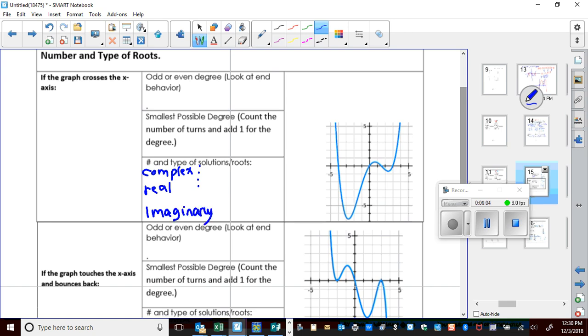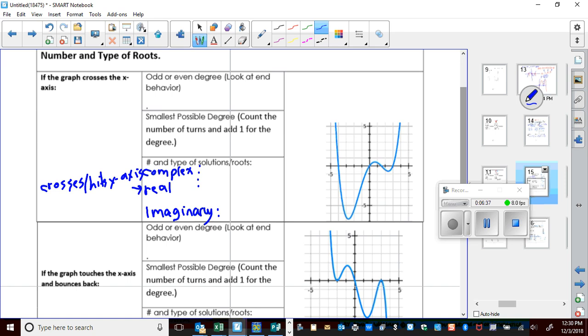So the imaginary roots occur when it doesn't cross the x-axis the appropriate number of times. So the complex occurs for the degree of the polynomial. It's going to be the degree of the polynomial. The real roots you can count. It's where it crosses or hits the x-axis.